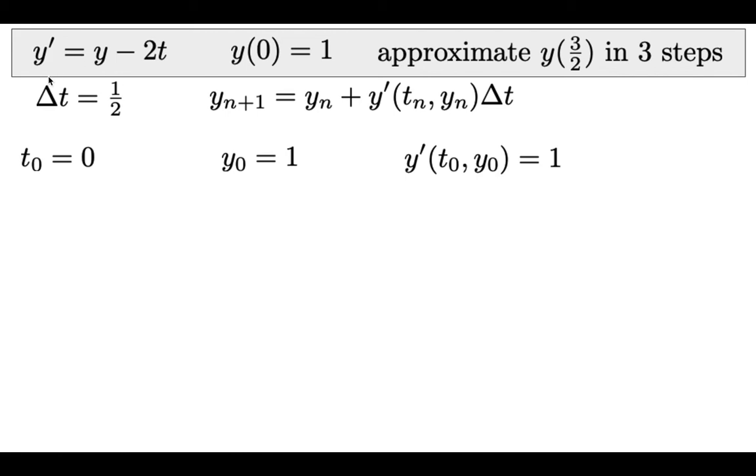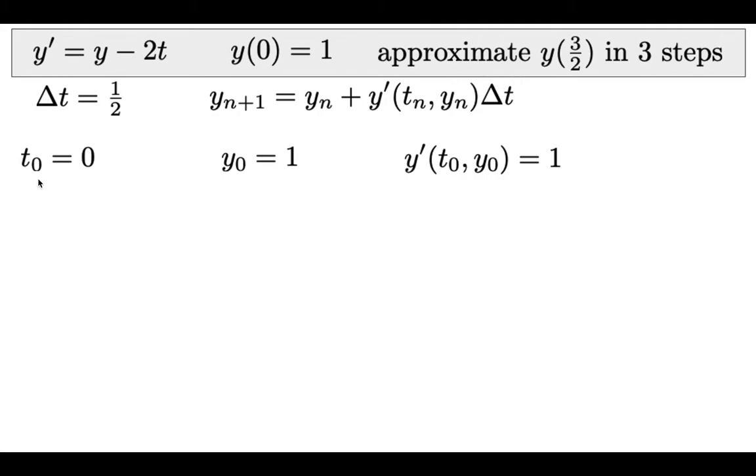So our step size is equal to 1/2, and we are going to be using this general formula. We are going to get our next y value by taking our previous y value and adding the derivative at our previous point multiplied by the step size.